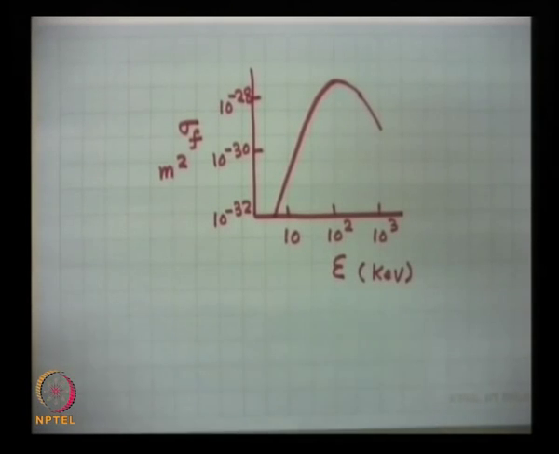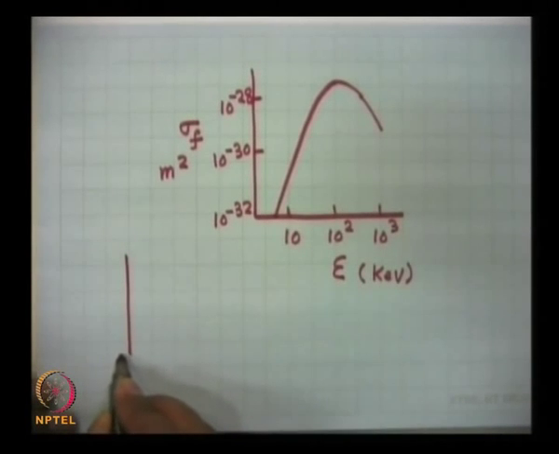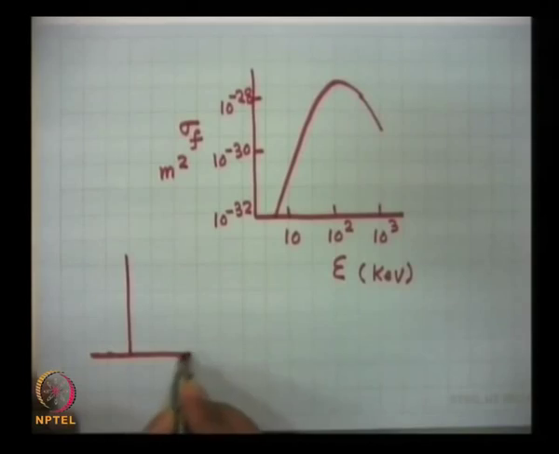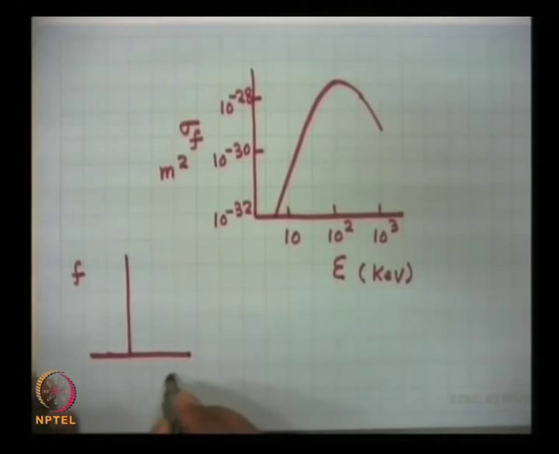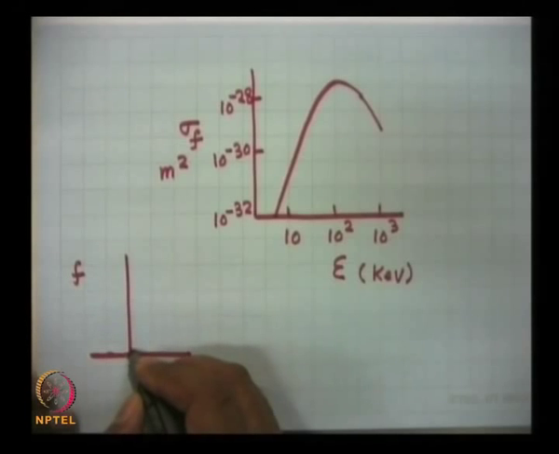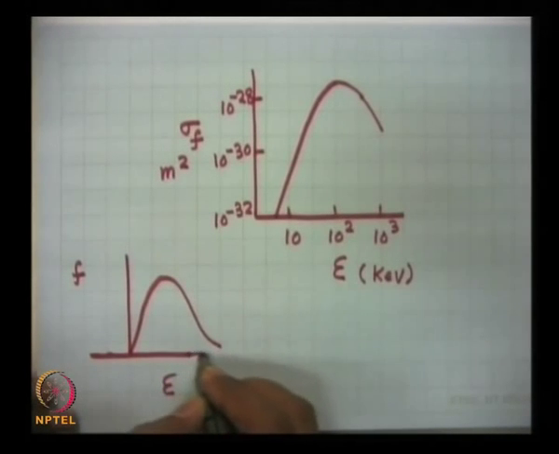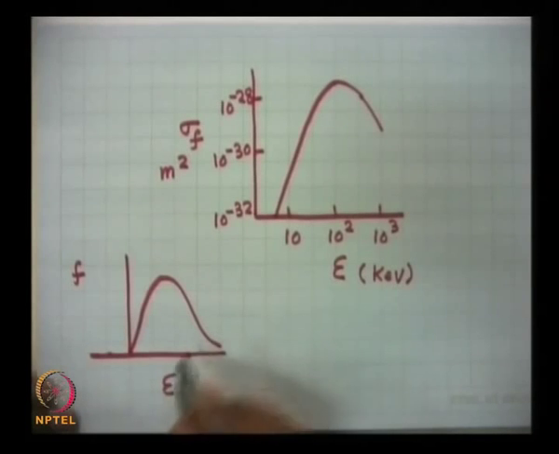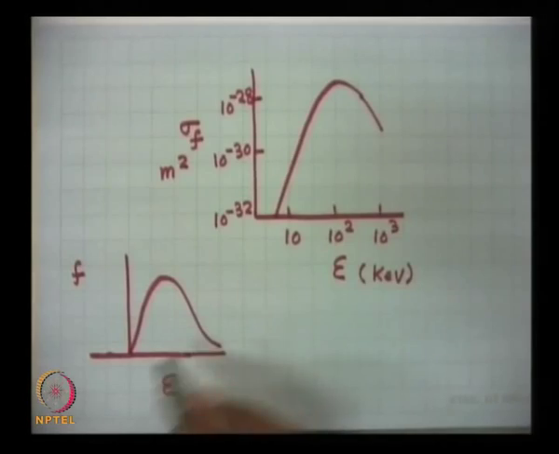Even if the plasma temperature is 10 keV, in the Maxwellian tail, if I plot the distribution function, energy distribution function f as a function of energy, then this goes like this. So there are substantial number of atoms or ions in the Maxwellian tail.